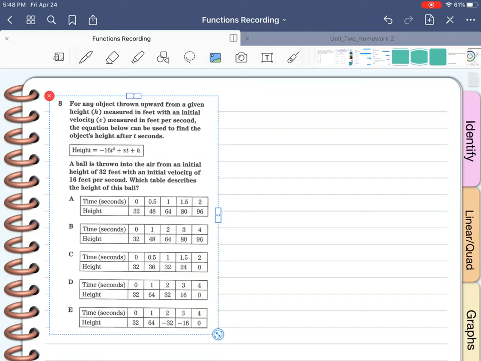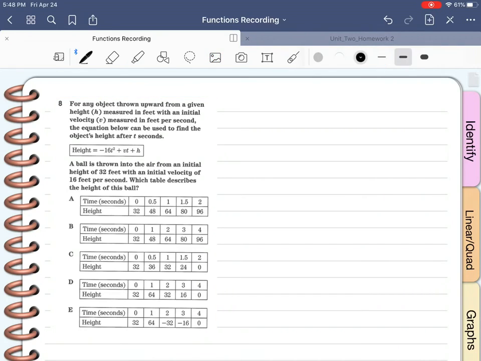And they give us a formula that says height equals negative 16t squared plus vt plus h.